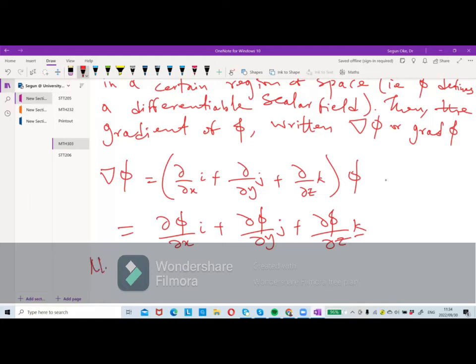Note that the gradient of phi defines a vector field. So you define a vector field. So we have different examples.